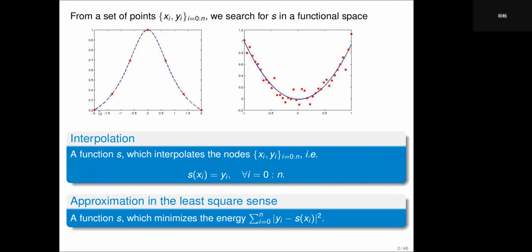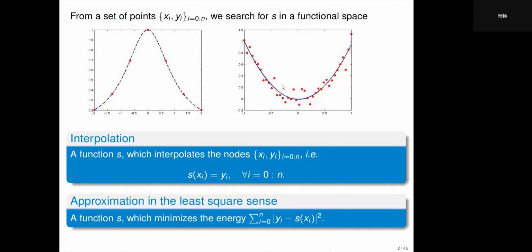This is called interpolation. Another way is, as you see from the right figure, we have much more data, many more red points compared to the left side.